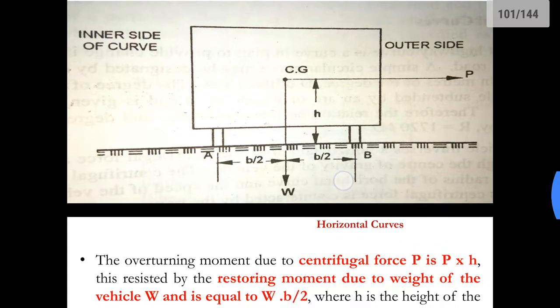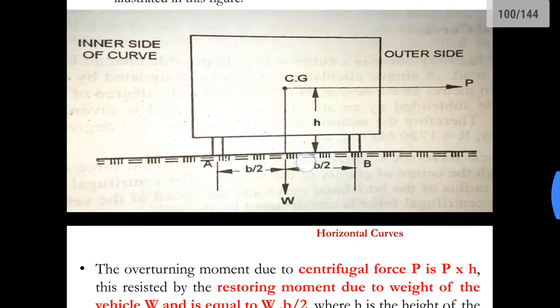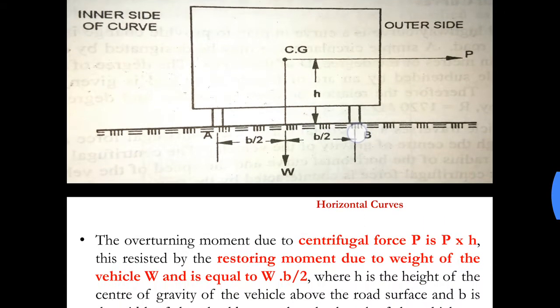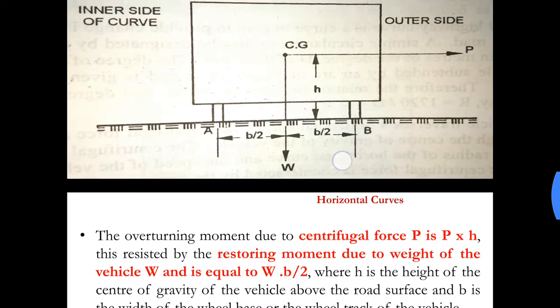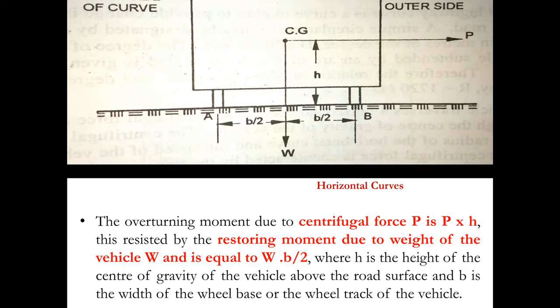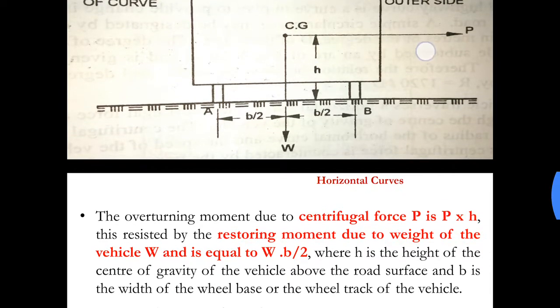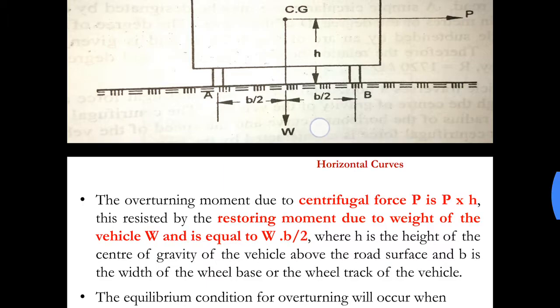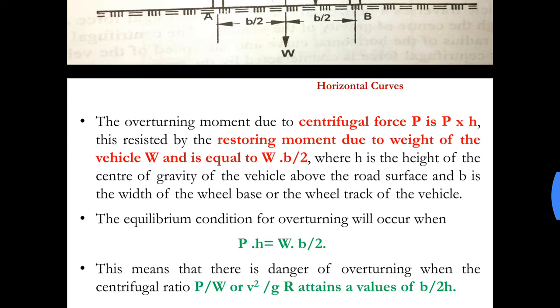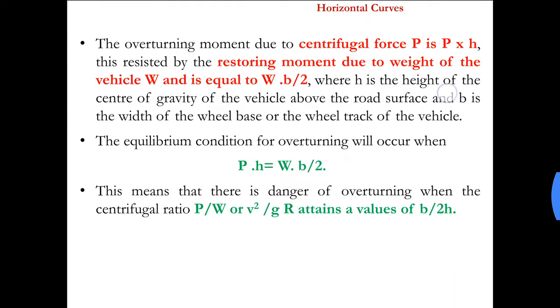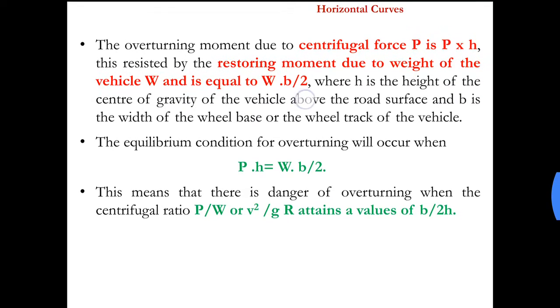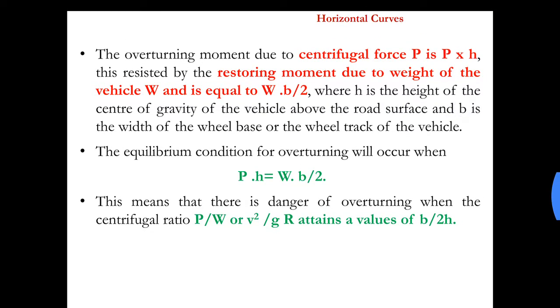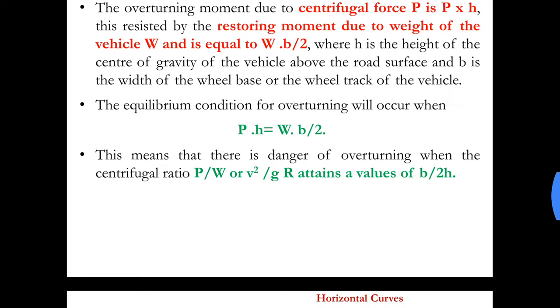The force is W and the horizontal distance along the outer wheel is B by 2, and this is in the anti-clockwise direction. So the moment P into H in the clockwise direction is resisted by the anti-clockwise moment of W into B by 2, where H is the height of the center of gravity of the vehicle above the road surface and B is the width of the wheelbase or the wheel track of the vehicle.